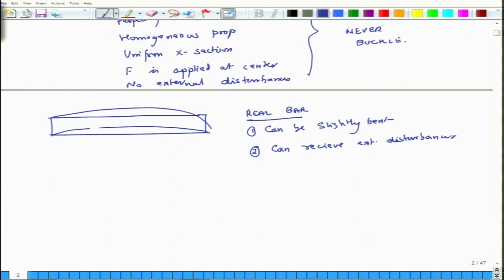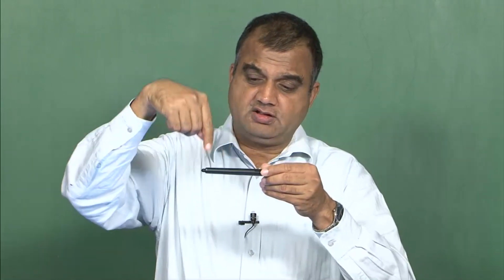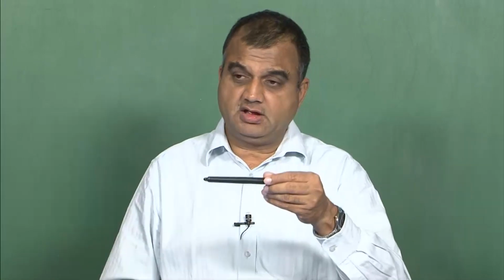What do I mean by external disturbances? As I am pressing it, it may be seeing some external loads because of some vibrations from the ground, or there may be air pushing it, or whatever. So the bar may be straight, but it may be getting out of plane loads because of air or some vibrations.